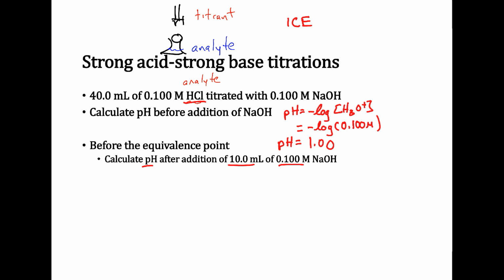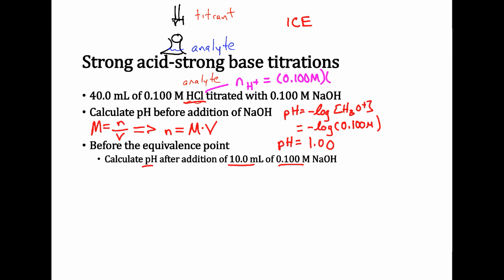So what we need to do is calculate the moles first. Recall that molarity is equal to moles over volume in liters. So if we want to know the moles, we'll take the molarity times the volume. And again, the volume has to be in liters. If we want to figure out our initial moles of HCl, or moles of H plus, we take the concentration, which is 0.100 molar, times the volume.